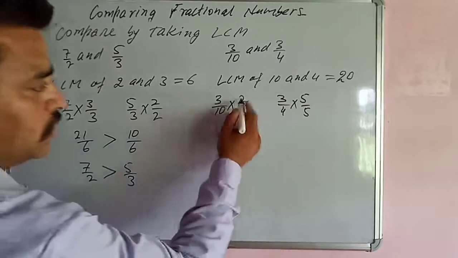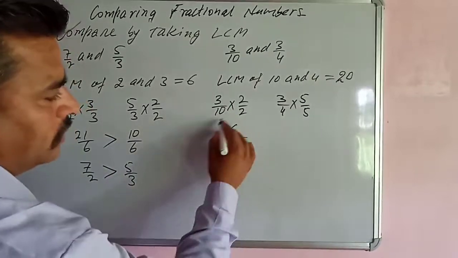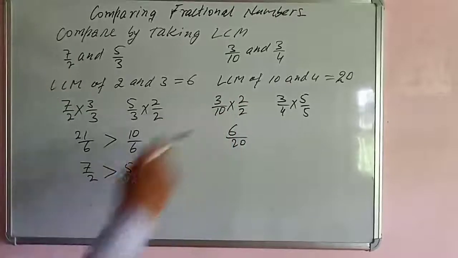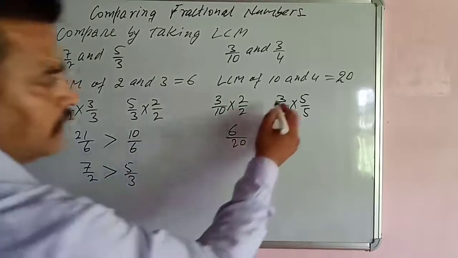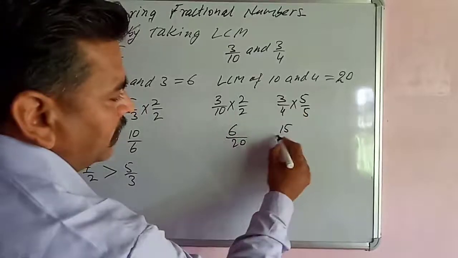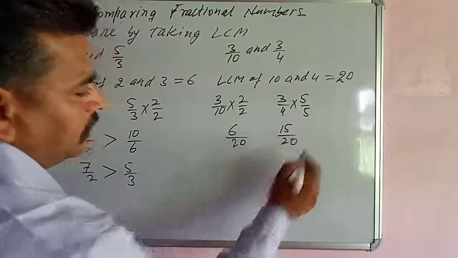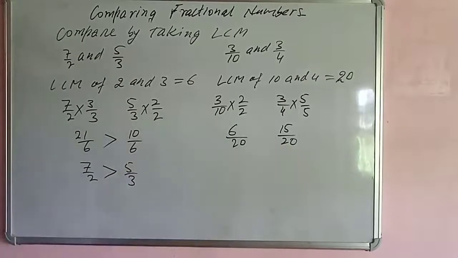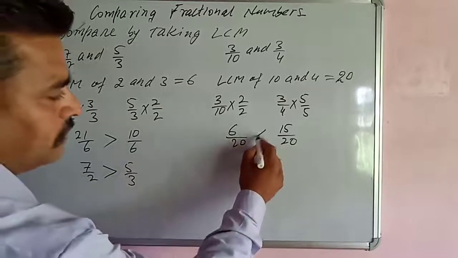Now 3 times 2 is 6 and 10 times 2 is 20. Numerator multiplied with numerator and denominator multiplied with denominator. Now 5 times 3 is 15 and 5 times 4 is 20. Again these are converted into like fractions, so now we compare the numerators. 6 is less than 15.